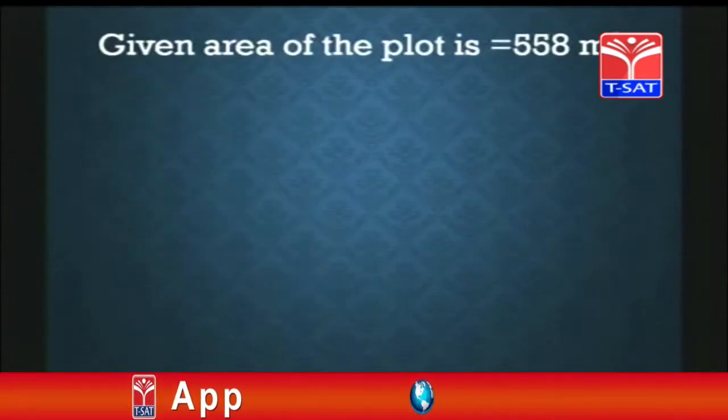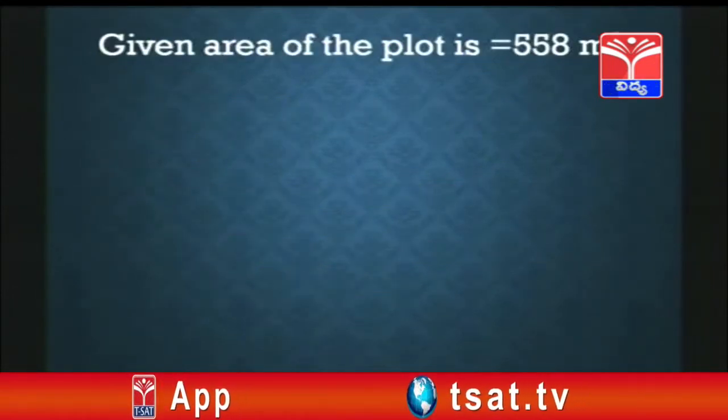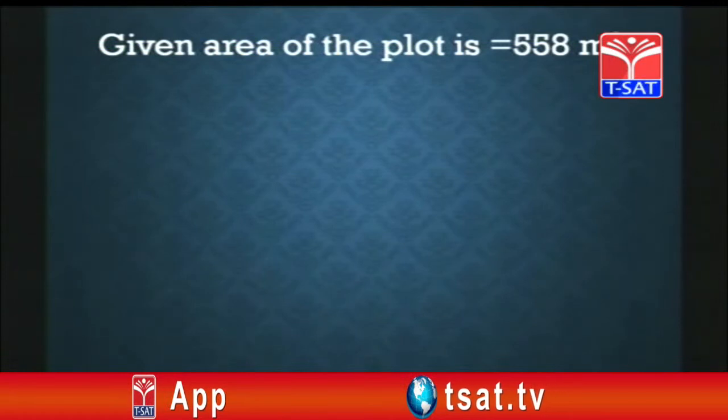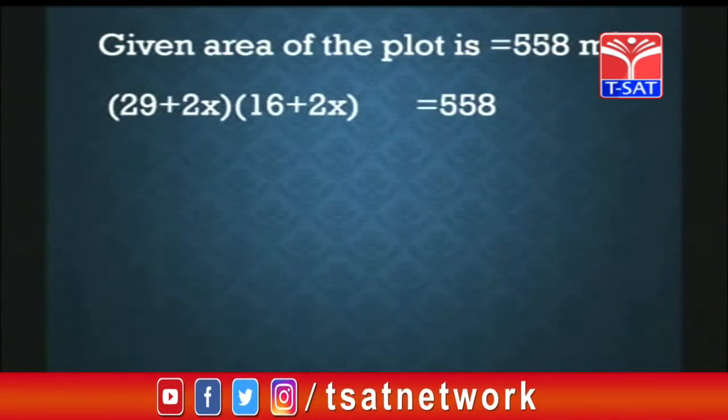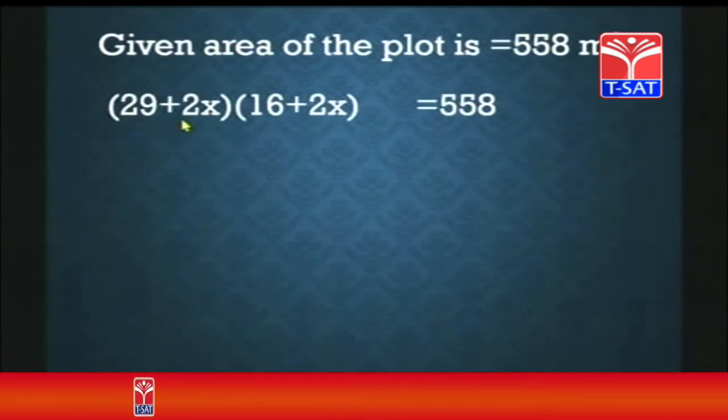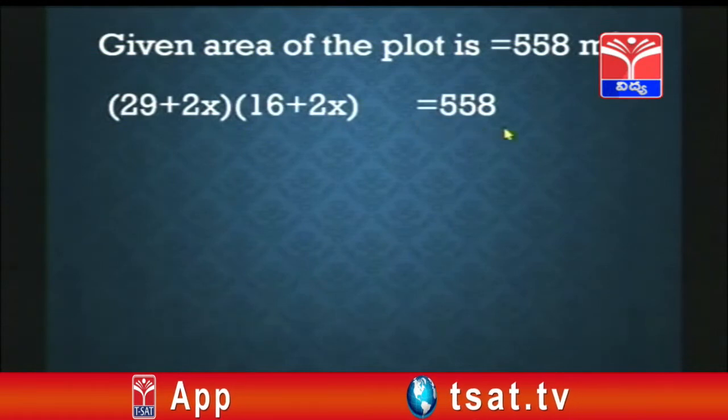But what is the given area of the plot? It is given to us that the area of the plot is 558 meters square. So, the product of the length and breadth should be equal to 558. That is the reason 29 plus 2x multiplied by 16 plus 2x should be equal to 558.